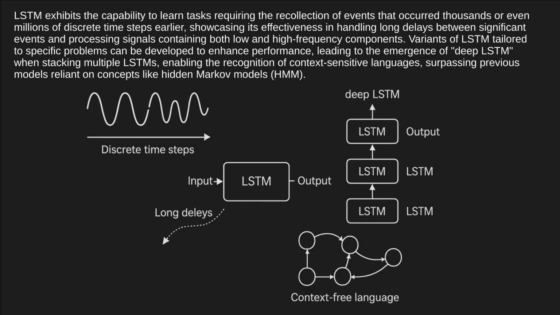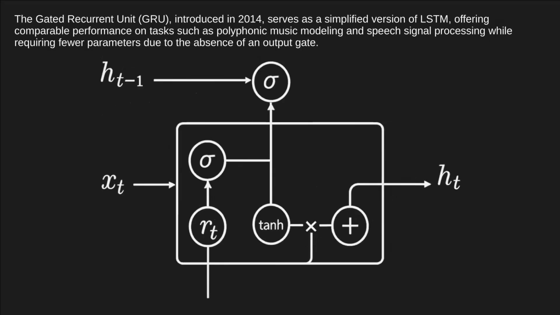Variants of LSTM tailored to specific problems can be developed to enhance performance, leading to the emergence of deep LSTM when stacking multiple LSTMs, enabling the recognition of context-sensitive languages, surpassing previous models reliant on concepts like hidden Markov models.